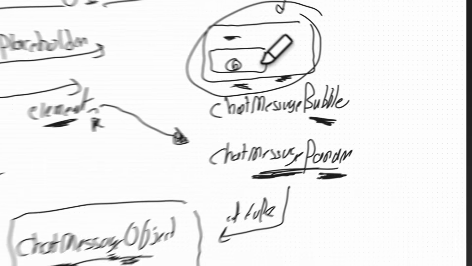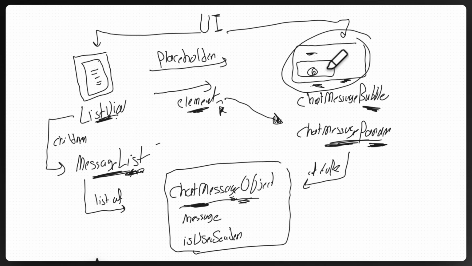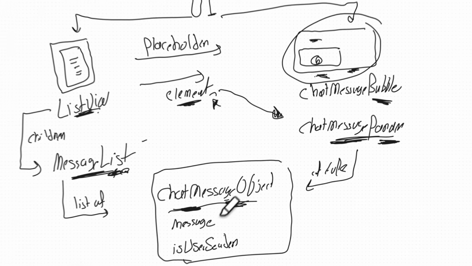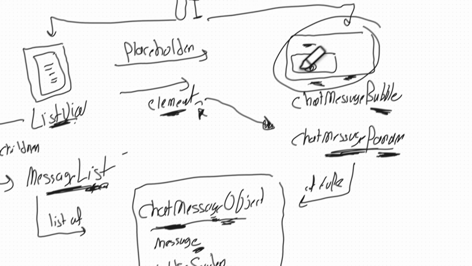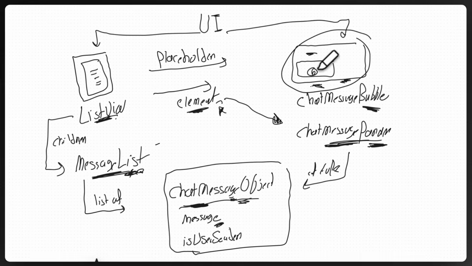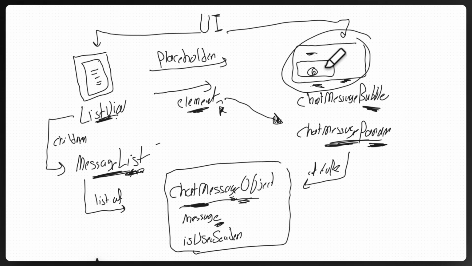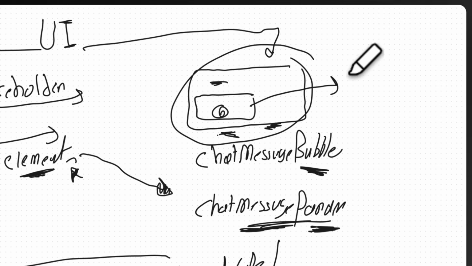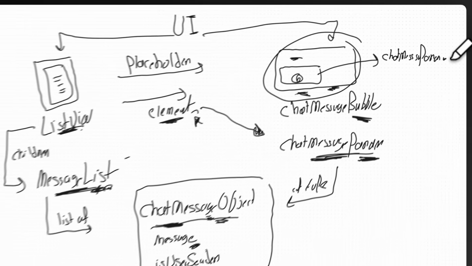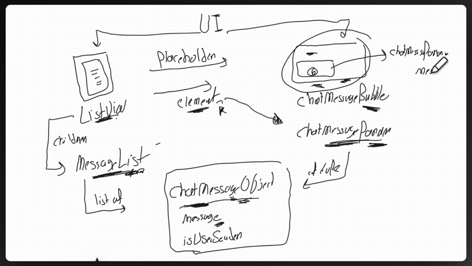So if I want to show the message itself inside the bubble, I connect the markdown widget to chat message param dot message.